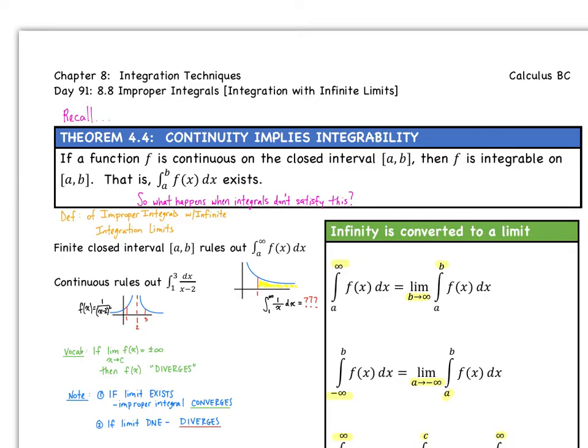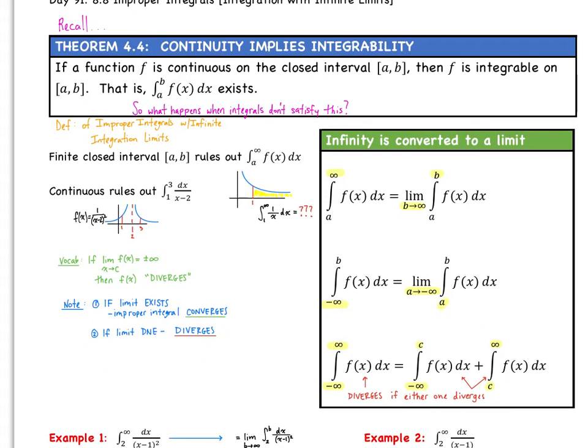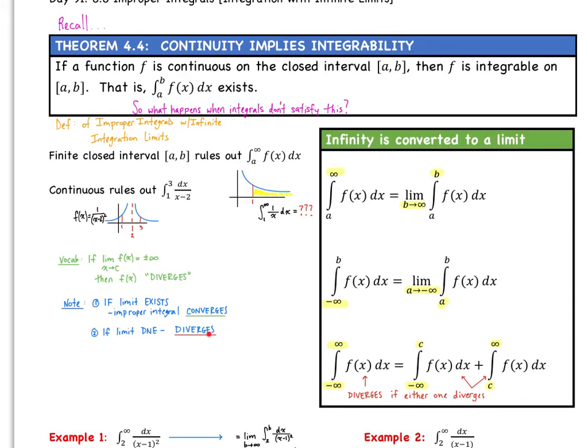Then we'll get into some other vocabulary and important pieces over on the left here. If I'm integrating f from a to infinity, then we're going to convert this to a limit where b approaches infinity, and now we integrate from a to b of that function, and then we'll see where that takes us.